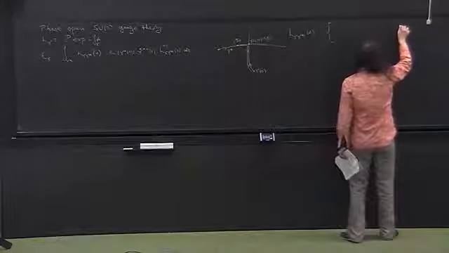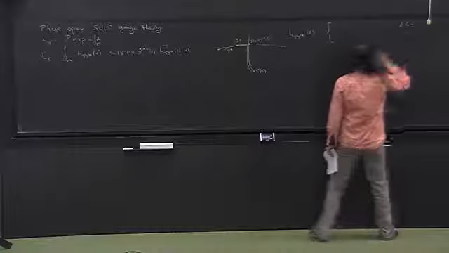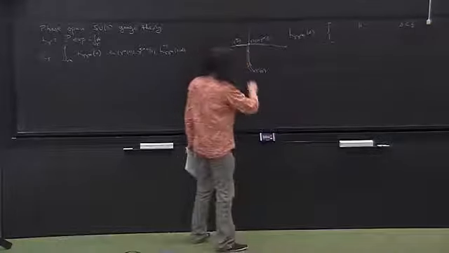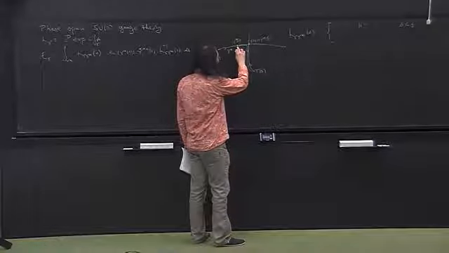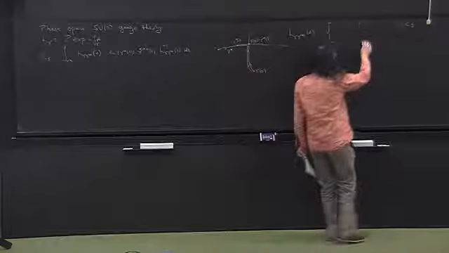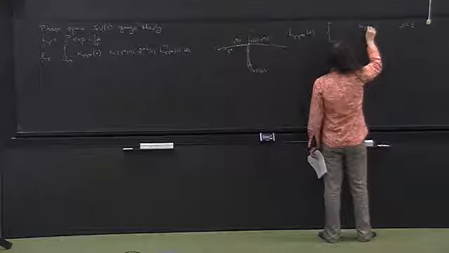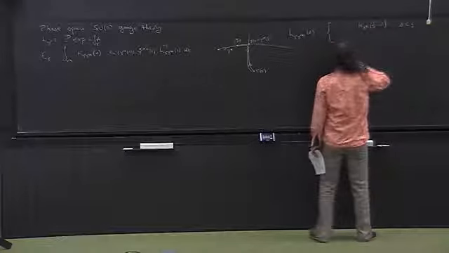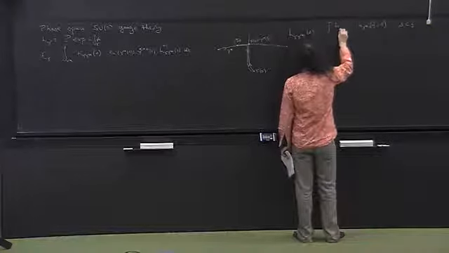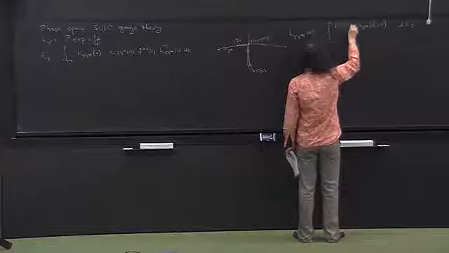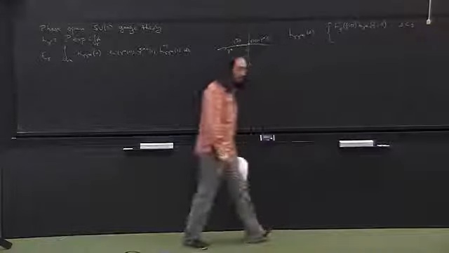So let's say if S is smaller than 1/2, you'll have H gamma star from S to 1/2, and then H gamma minus 1 from 0 to 1/2, like that.